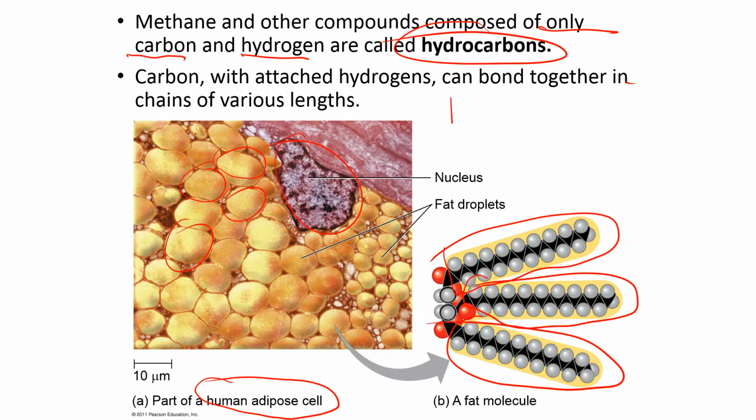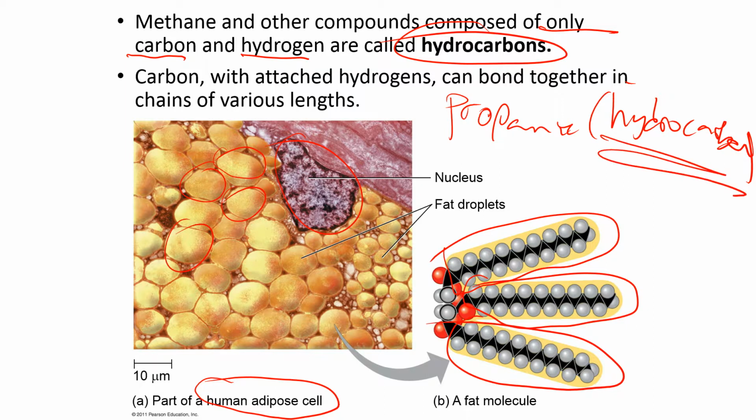Well, something like propane is a hydrocarbon. Something like these fatty acids are hydrocarbons.